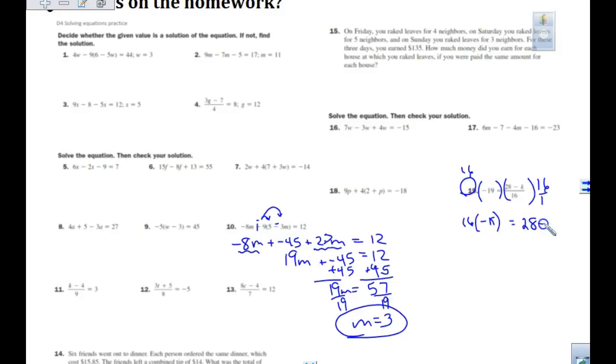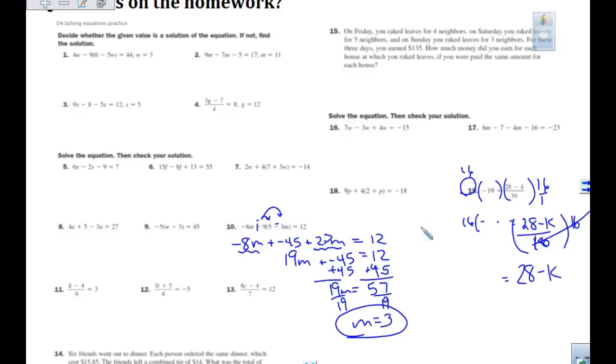We had 28 minus k over 16, and we multiplied both sides by the 16. Here they cancel. We are left with 28 minus k equals, when you took 16 times negative 19, what did we end up with?